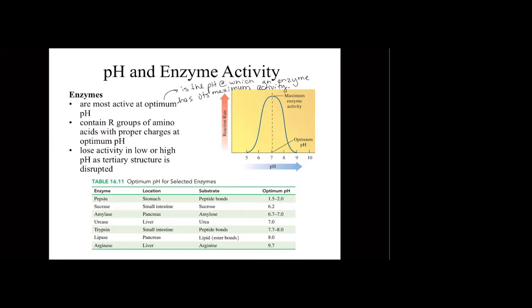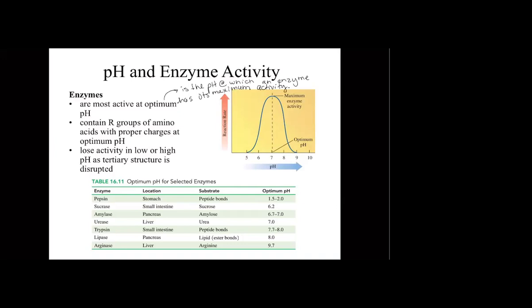Now, understand that when an enzyme loses its activity in low or high pHs, it is because its tertiary structure is disrupted. Why the tertiary structure? Because remember that the tertiary structure is where you have the side chains of the amino acids that are going to be mostly experiencing these changes in pH.